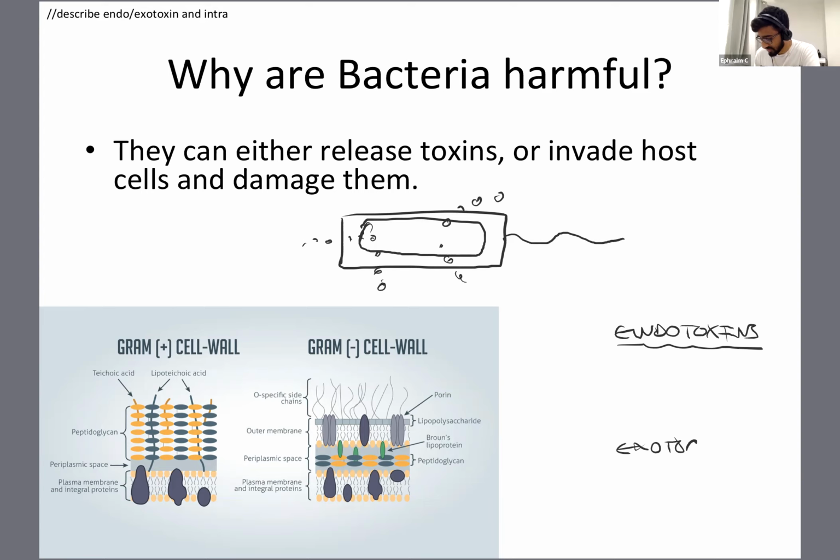So exotoxins, certain bacterial species can release them out, whereas endotoxins, certain other species, just by attachment of their different varied components of the cell wall can cause immediate damage and also apoptosis to the host cells. And when you feel symptoms, for example, of a bacterial infection, you're basically feeling the effects of these toxins.